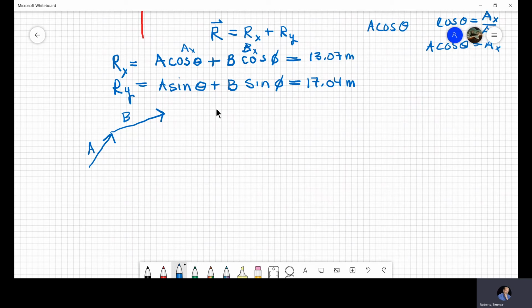Even though both vectors have their tails connected to the 0, 0 point on the XY axis, how you add them is this way. The resultant vector starts from the tail of this vector and goes all the way up to here. And that is really pretty bad, so let me do it again here.